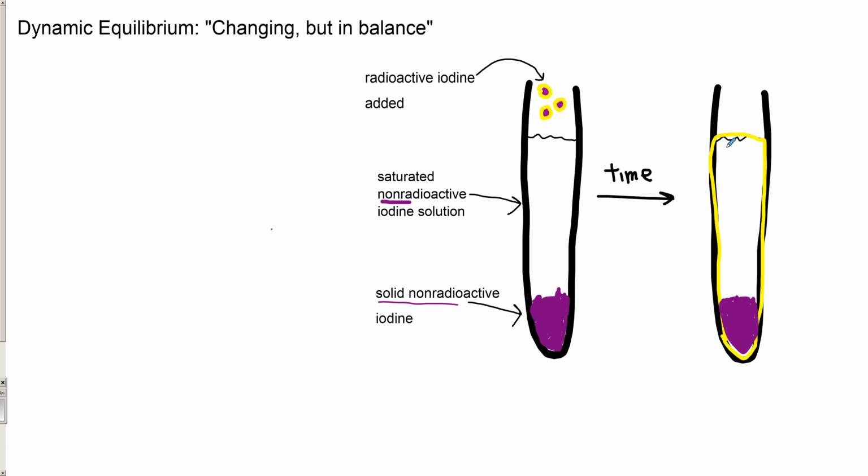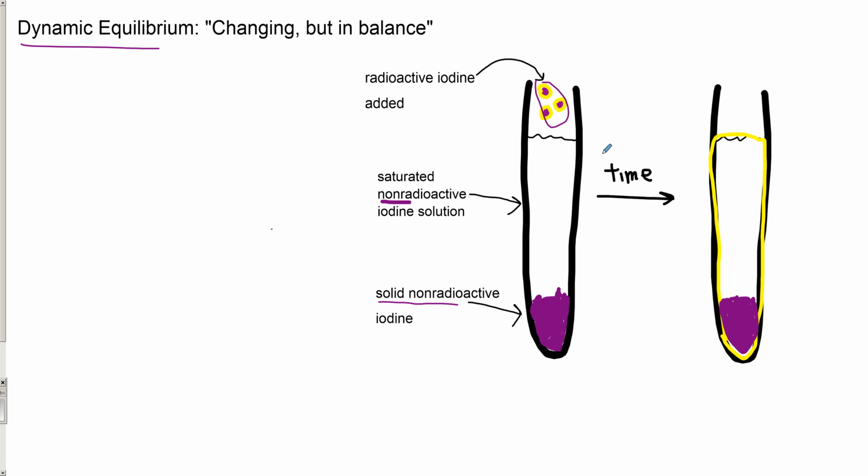Scientists, when they saw this, were surprised. They had a feeling that dynamic equilibria, or solubility equilibria, was how this was working, but this confirmed it for them. How do you get the radiation to go from these solid nuggets of radioactive iodine into the solution? It means that some of these must have dissolved in the solution. But that doesn't really make sense, does it?